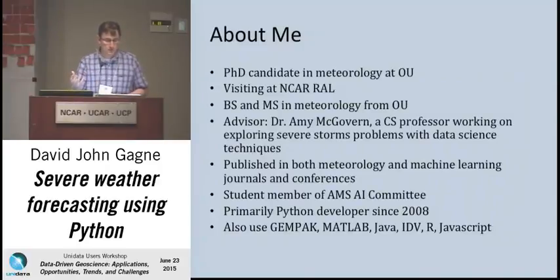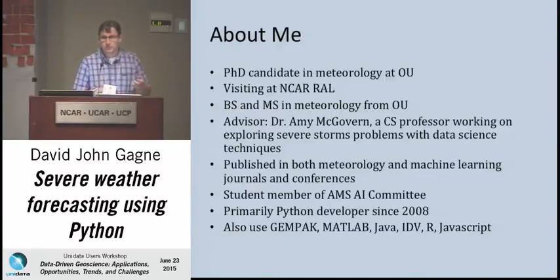So a little bit more about me. As Steve mentioned, I'm a PhD student at OU and visiting NCAR RAL. My bachelor's and master's also came from OU. Along the way, my main advisor is Dr. Amy McGovern, a CS professor who has collaborated with a lot of meteorologists and worked on various severe weather problems, but with a more data science spin to it.